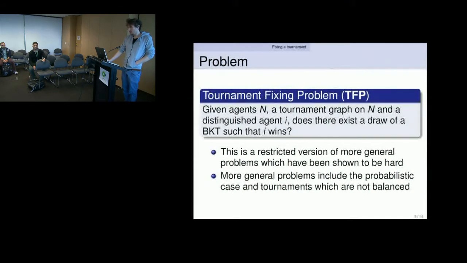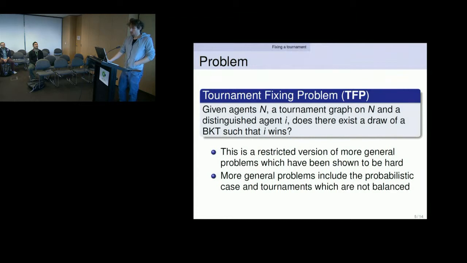This is a restricted version of more general problems which have been studied in the past. More general problems include a probabilistic version, where instead of being given a tournament graph, you're given a probability matrix which encodes the probability of one team beating another, and you're asked whether it is possible to find a draw such that i wins with more than some given probability.